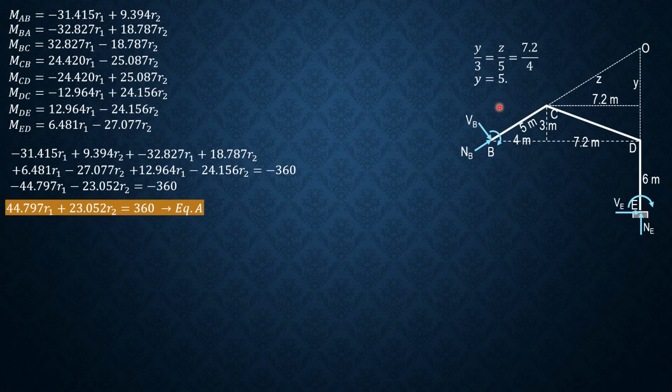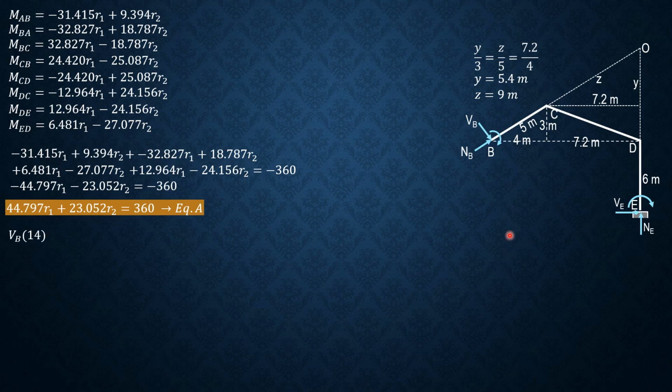So Y is 5.4 meters and Z is 9 meters. So this distance, 5 plus 9, is 14 meters. This distance is 6 plus 3, 9, plus Y, 5.4, so 14.4 meters.